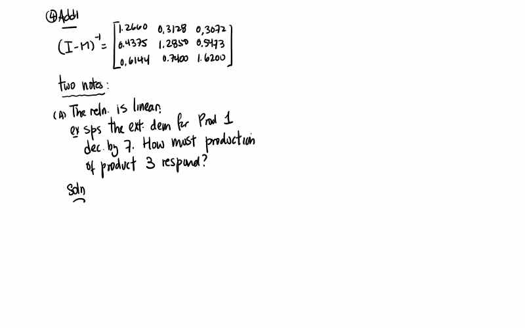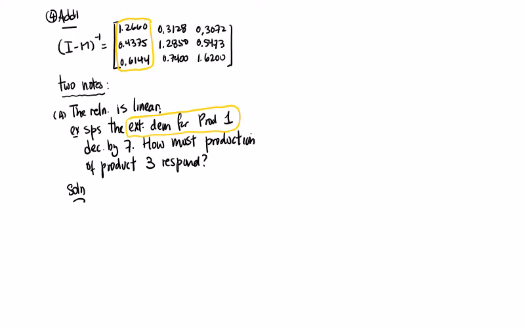If the external demand for product 1 is changing, that's the first column. This is the column we're interested in. This is what happens when the external demand for product 1 changes. That's the yellow column, more of a mustard.